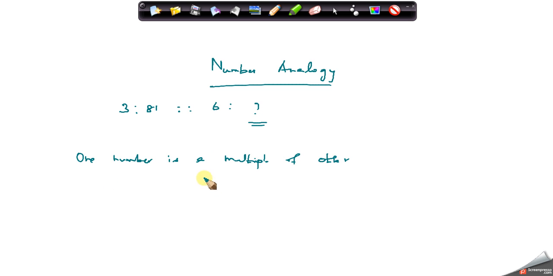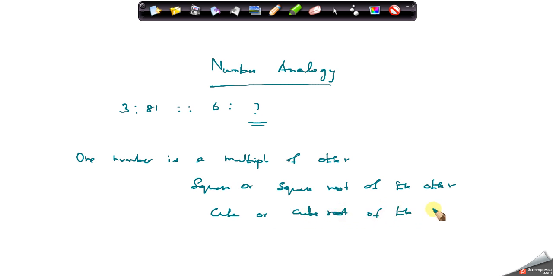One number is the square or square root of the other, or the cube or cube root of the other.